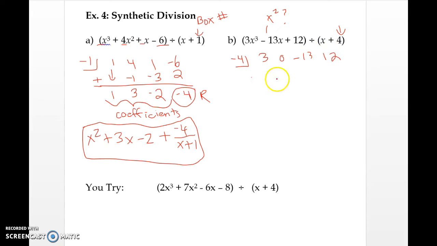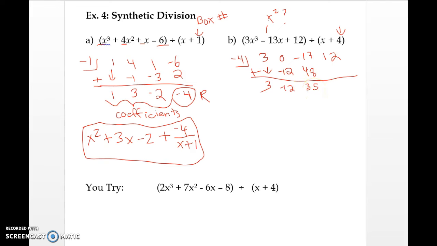And we're going to put a line, and we're always adding. We always drop down the first number, multiply it to your box number. 3 times -4 is -12. Add your column. 0 plus -12 is -12. Multiply back. -12 times -4 is +48. Then we can add the column together. 48 plus -13 is 35.